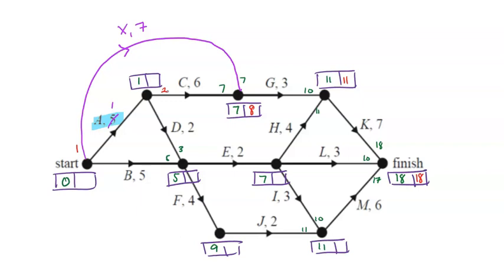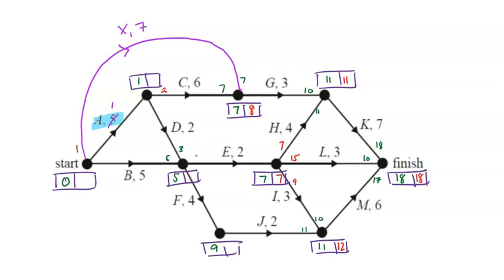And let's check the other paths. H, 11 minus 4, 7. From L, 18 minus 3, 15. And M, 12. 12 minus 3 for I gives us 9. So smallest number going backwards, 7.